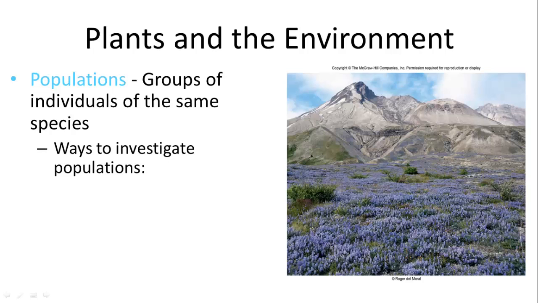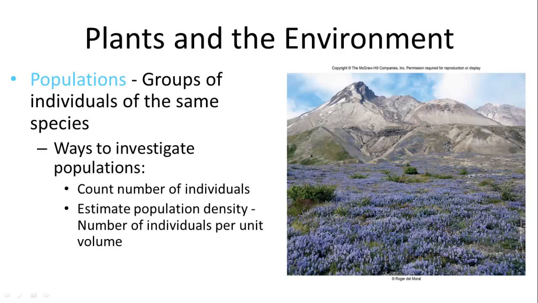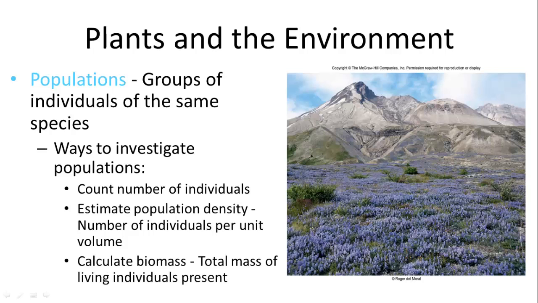And there are different ways to investigate populations. You can count the number of individuals and look at that over size. You can look at population density. You can look at density in relation to other things, or you can calculate just the biomass, the overall mass of a species or a community or an organism within an area.